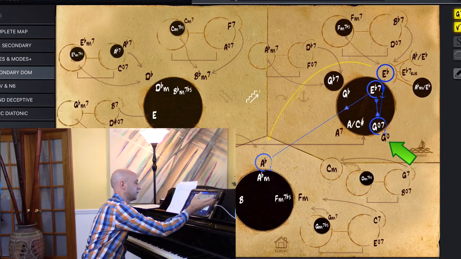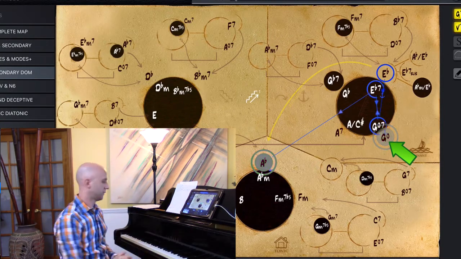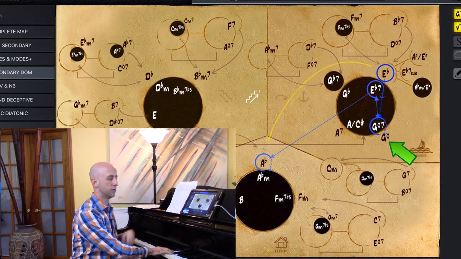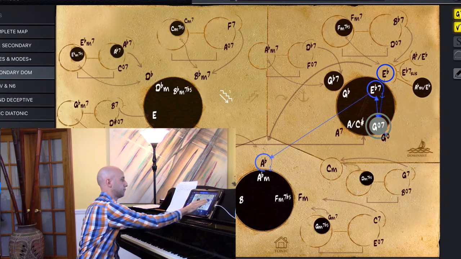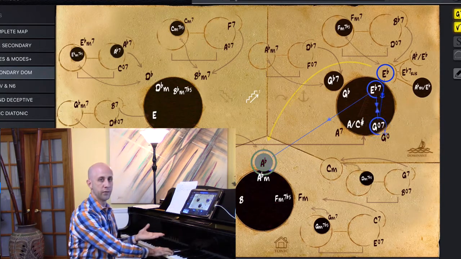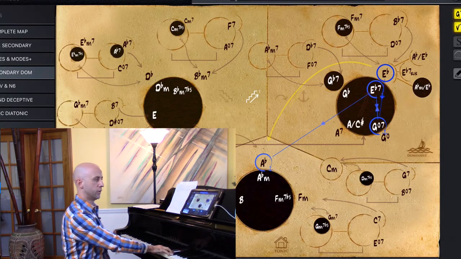If I had stayed in A flat major, I wouldn't have gotten that F flat. Wouldn't have gotten that E that we keep talking about. But by borrowing from the minor, Beethoven has introduced that F flat into the chord progression or into the melody.